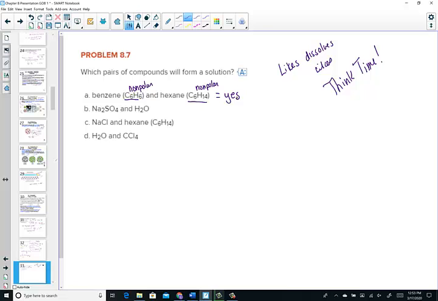Letter B, sodium sulfate in water. And I want you to recognize that this sodium sulfate is an ionic compound. It's built of ions. When this dissociates, two aqueous ions of sodium and one aqueous ion of sulfate dissociate.